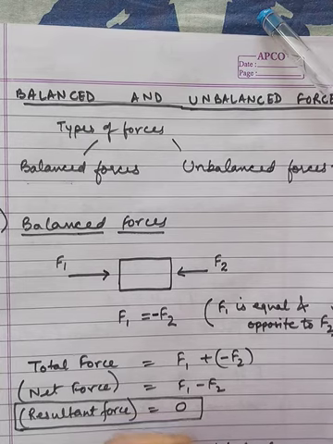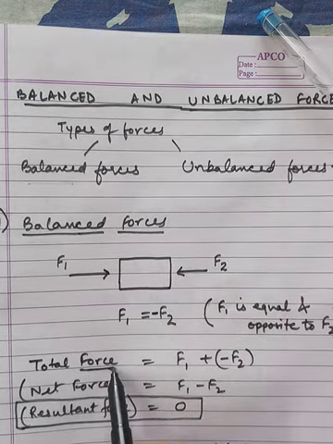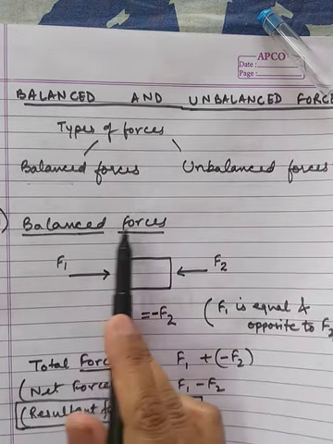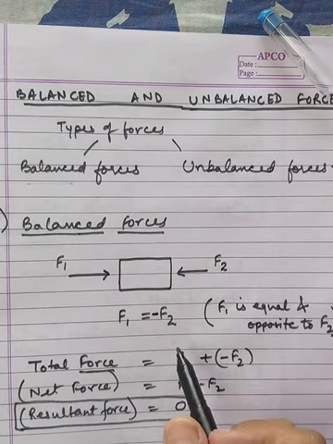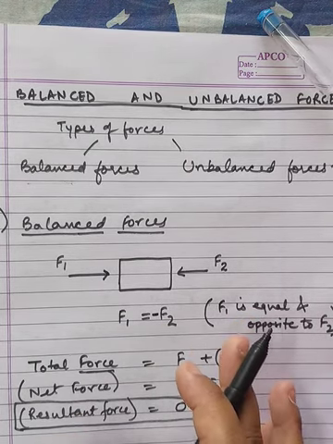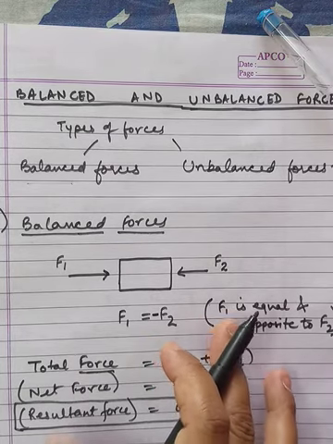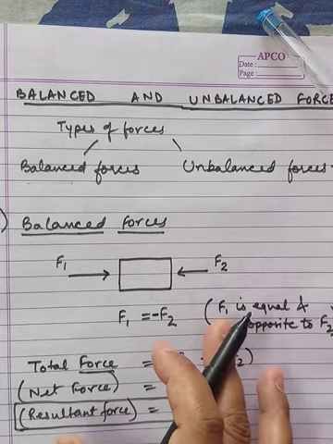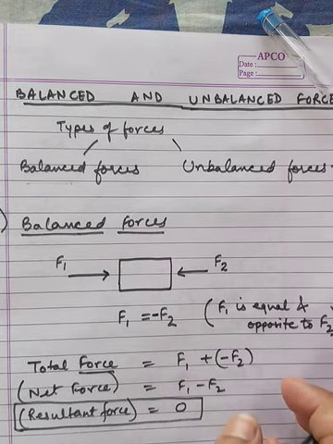Here the total force is the total of n number of forces, all the forces acting on an object, and the resultant force is 0 in this case.